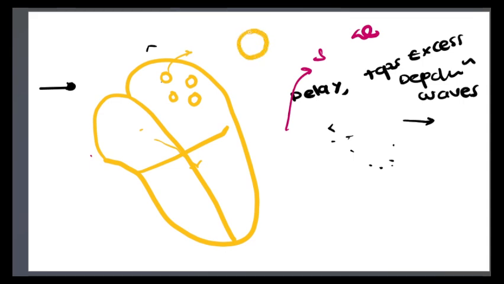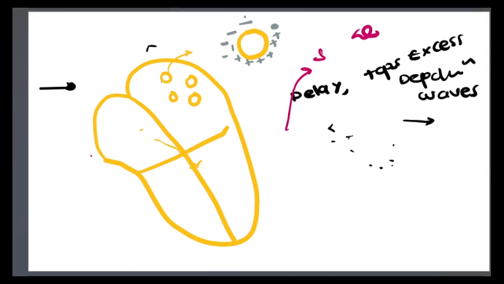Re-entry tract means, let us say a depolarization has started in this region. So this is depolarizing, positive, positive, positive. By the time this reaches this area, these areas have repolarized, which means this area is now negative.